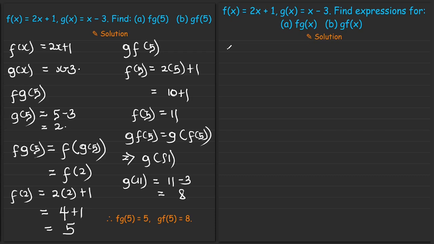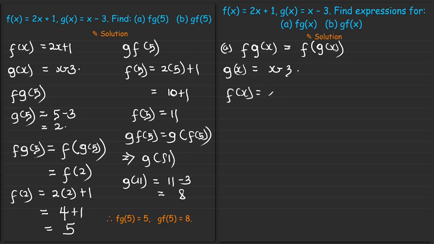So for our a, that is f of g of x, let me write it just as we see: f of g of x. This simply means f, and then we have to put g of x inside. Now we already know g of x to be, as given here, x minus 3, and we already know f of x as 2x plus 1.